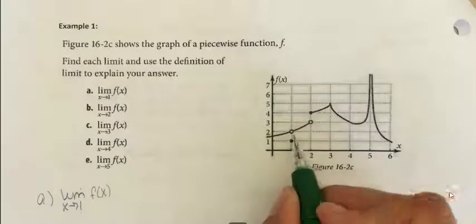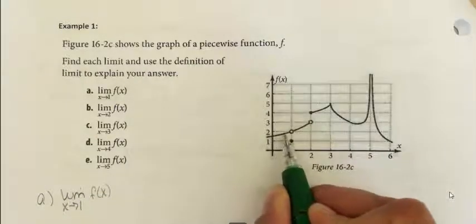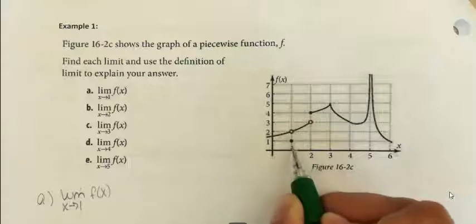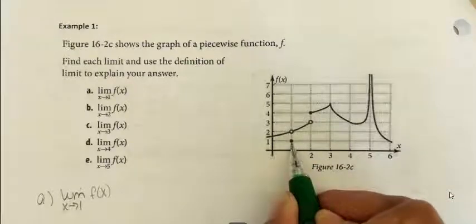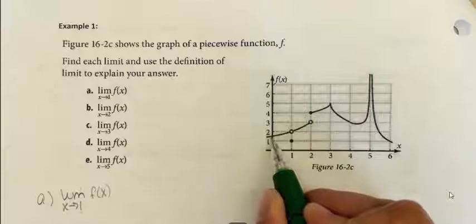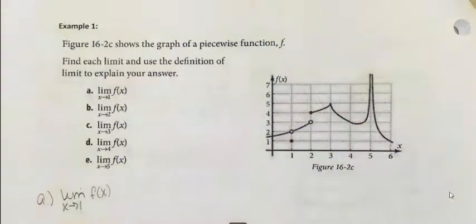As we get close to 1, we're looking at our graph here. From the left, it looks like I'm approaching 2, and from the right, it also looks like I'm approaching 2. f of 1 equals 1. But that's not what I care about, remember? The definition of limit said not at x equals c, but as you approach x equals c from the left and from the right. So let's go back to our definition.